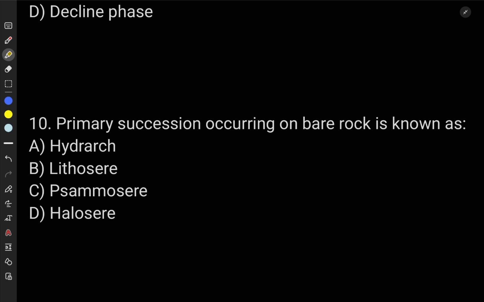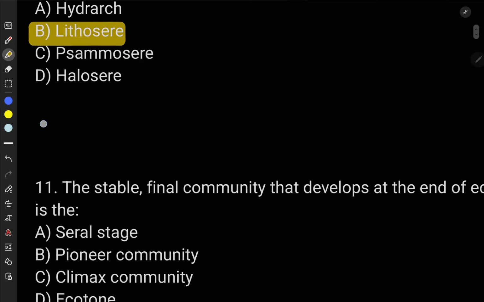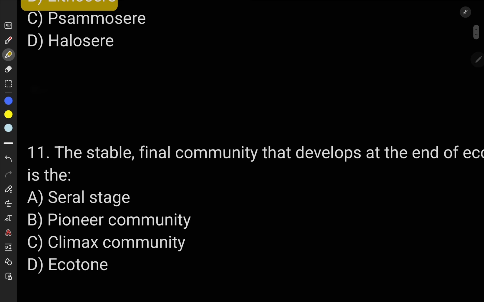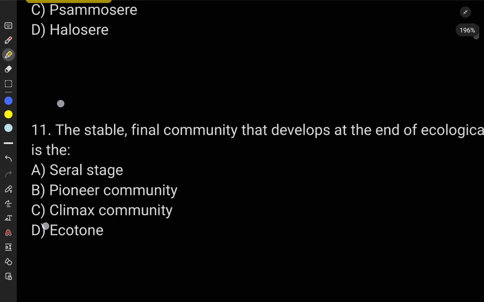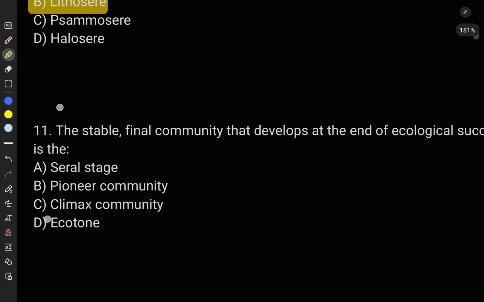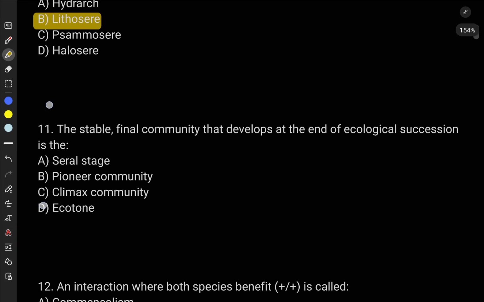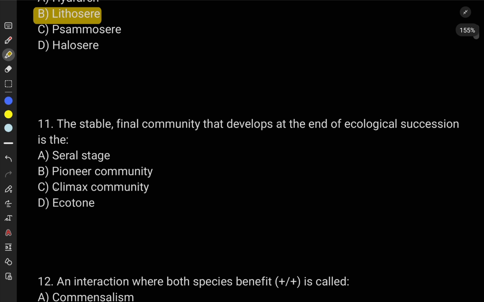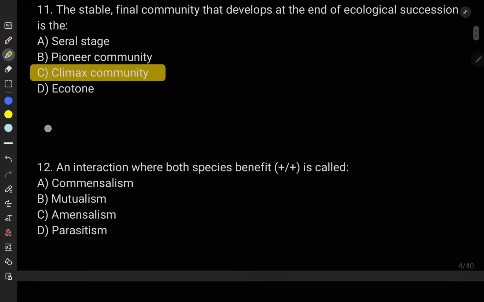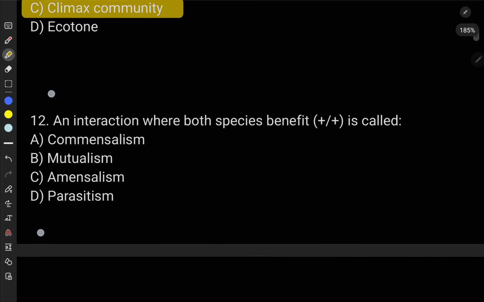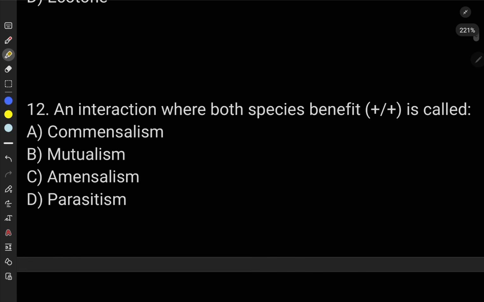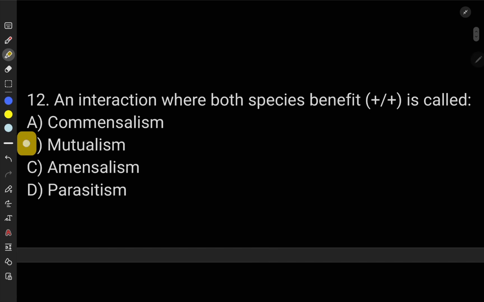Succession occurring on bare rock is known as option B, lithosphere. The stable final community that develops at the end of ecological succession is option C, climax community. An interaction where both species benefit is option B, mutualism.